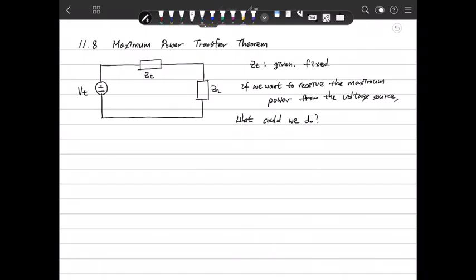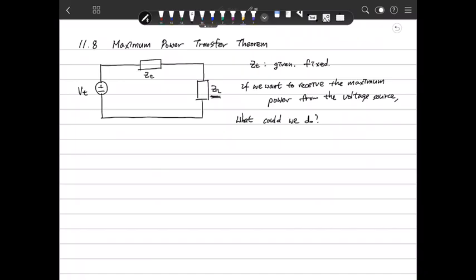So that is the maximum power transfer theorem. We can only modify the ZL. We can design the ZL because this is a load. So our target is that we get the maximum power from the source. So I will modify the ZL. So how to design the ZL to get the maximum power from the source?